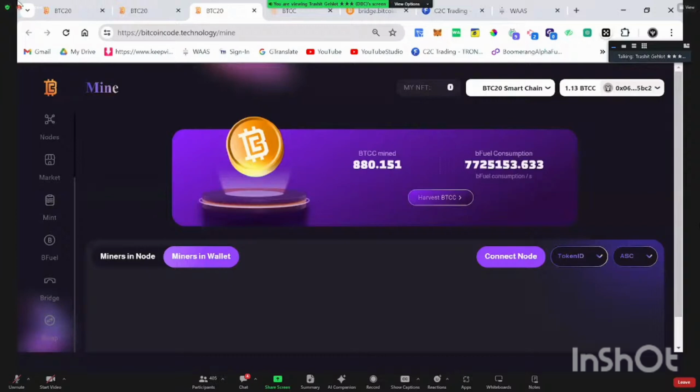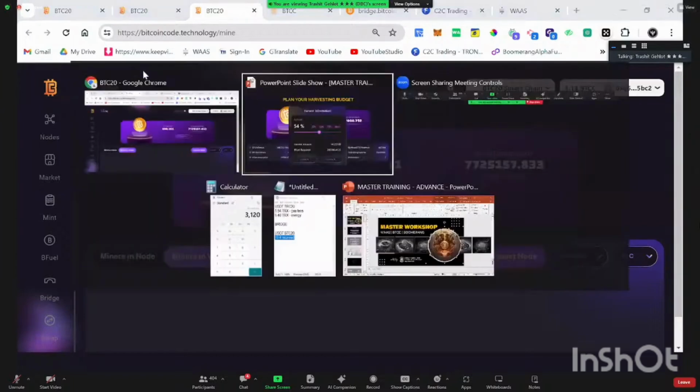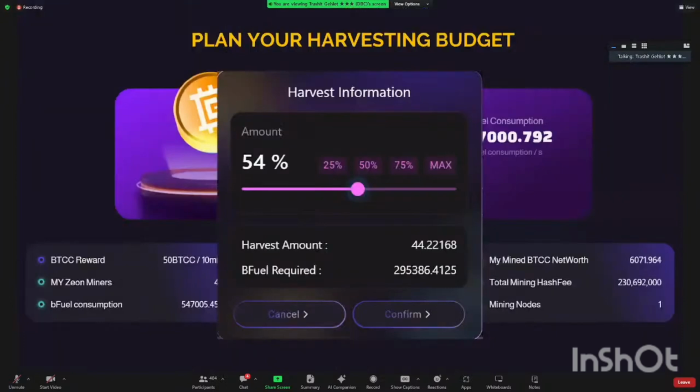So in a way, this is the full cycle that the Chavez has beautifully designed, and everything is interrelated, interconnected, right? So you can plan your harvesting budget. Depending on your budget, you can harvest partially or completely, or whatever you're comfortable with.